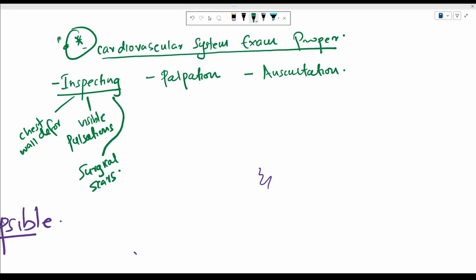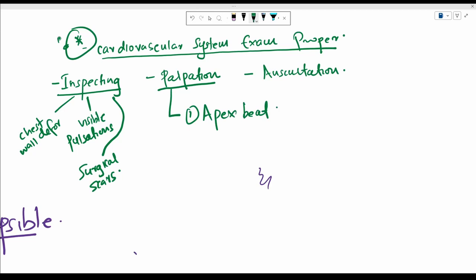Next, you have to go to palpation. Under palpation, number one, after you've inspected, is there a visible apex beat? Let's say you don't see an apex beat. Then you start palpating. You need to look for where the apex beat is.